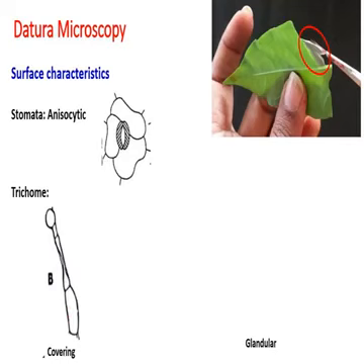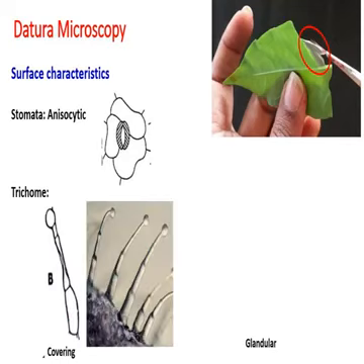This is the drawing of the trichome, and in actuality the trichome appears under the microscope in this way. This image was taken at 40x objective and 10x eyepiece. So you can see here the bulged or blunt apex of the trichome and the broad base of the trichome. This is multicellular in nature.